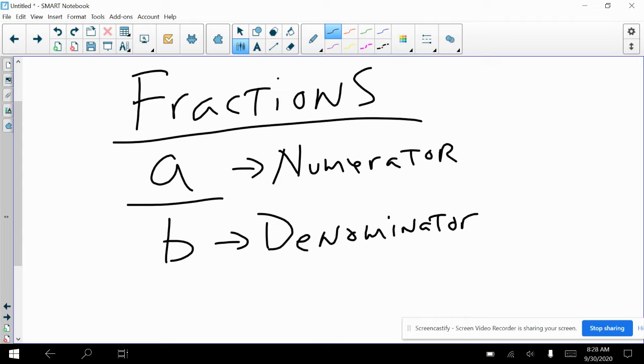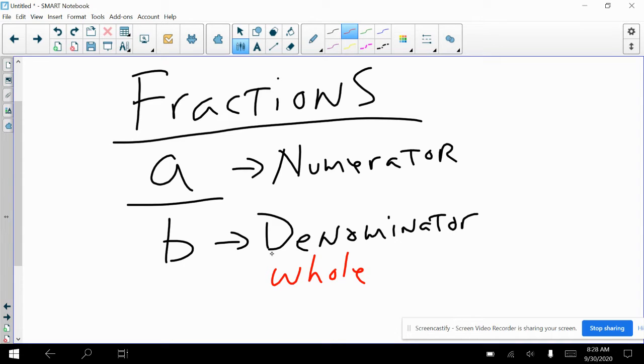Okay. What does the B represent? Emma? Okay. It represents the whole. That is correct. How many parts it takes to make one whole?